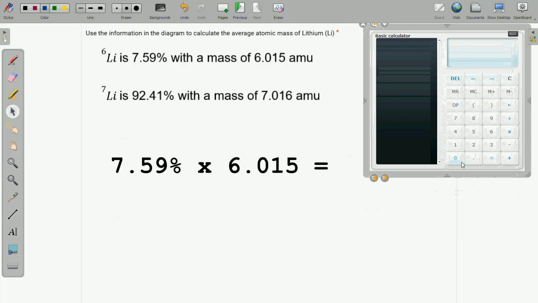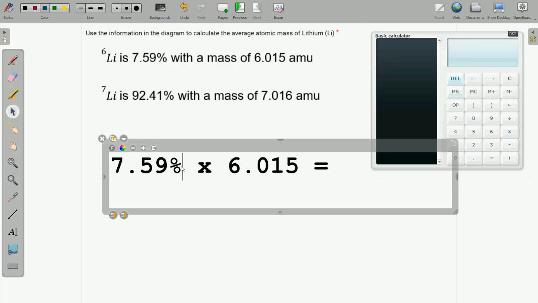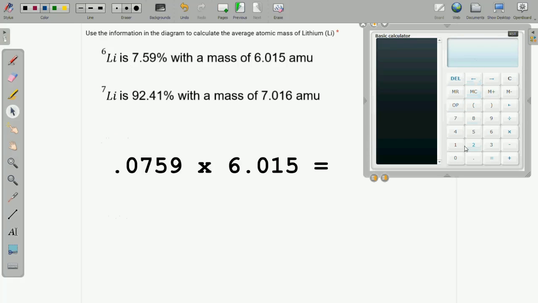All right, so 7.59. Now, looking at my calculator here, I do not have a percent. So instead of doing 7.59, I'm going to do 0.0759. In order to go from percent to decimal, you just move the decimal 2 spaces to the left. All right, so let's see here.